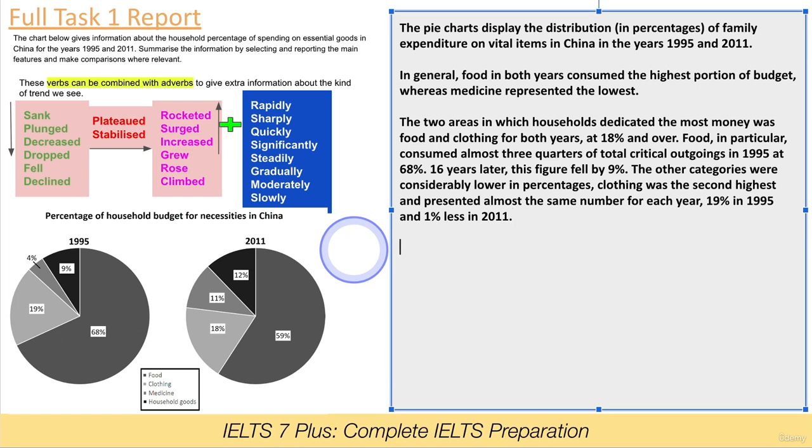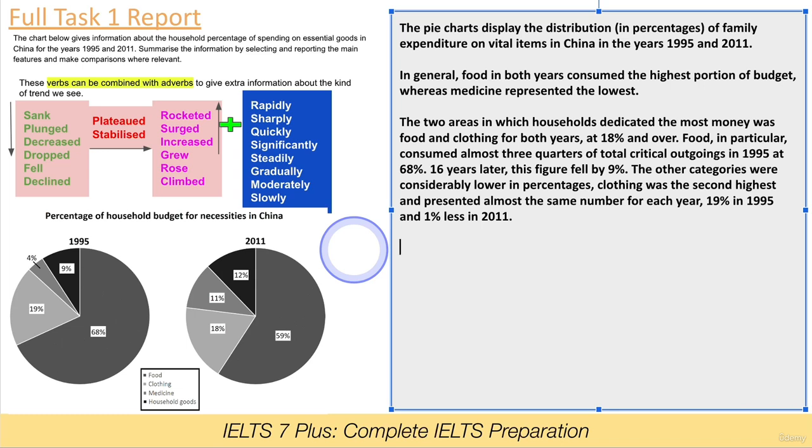Okay, let's read this back and see how it is sounding. The two areas in which households dedicated the most money was food and clothing for both years, at 18% and over. Food, in particular, consumed almost three quarters of total critical outgoings in 1995, at 68%. 16 years later, this figure fell by 9%. The other categories were considerably lower in percentages.